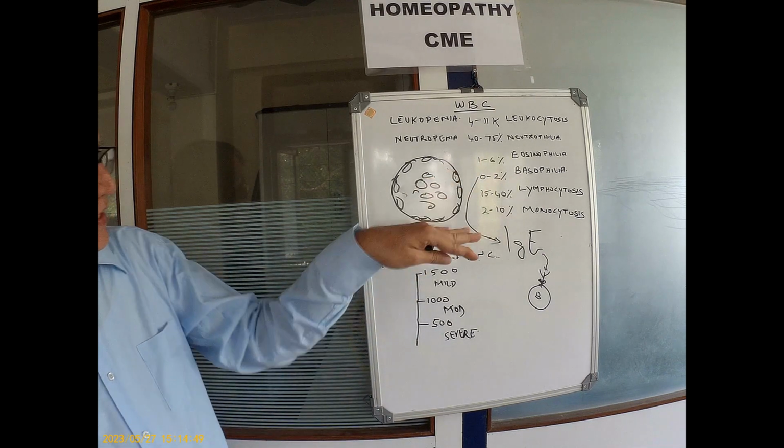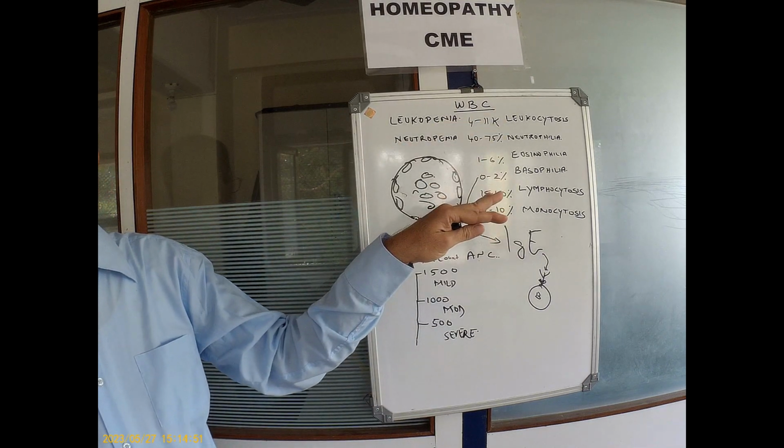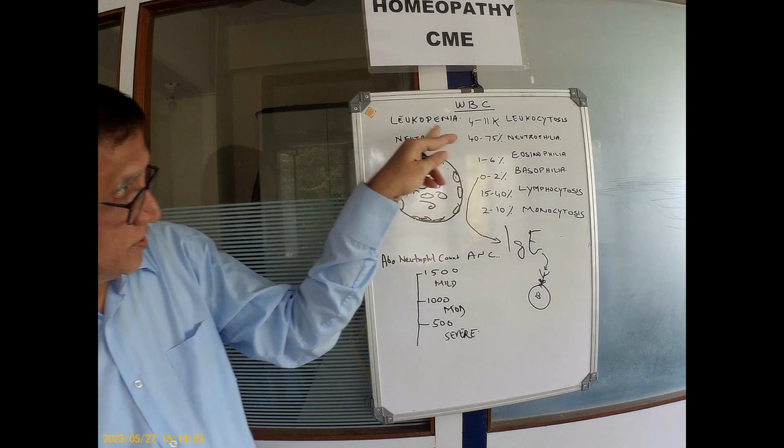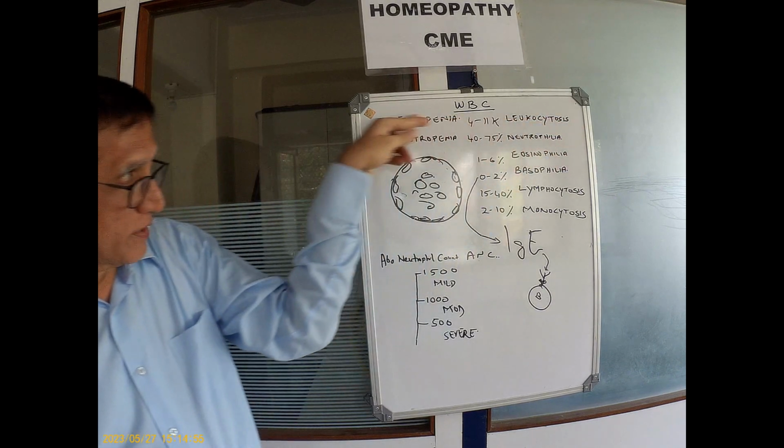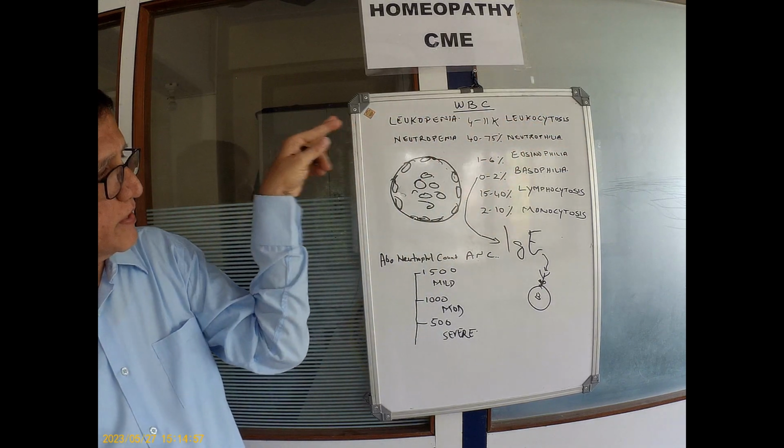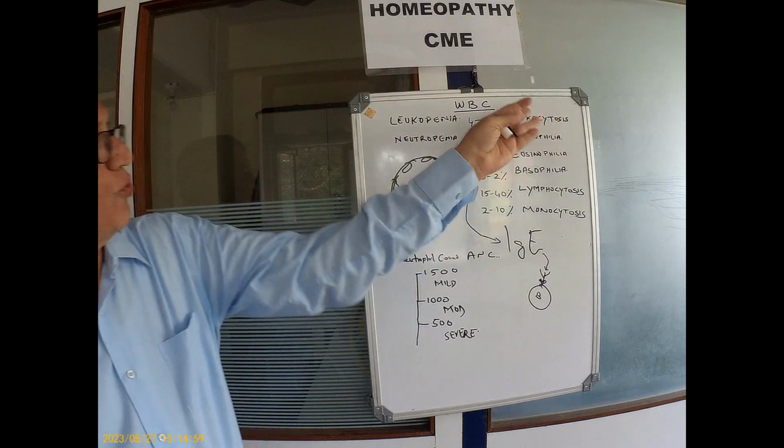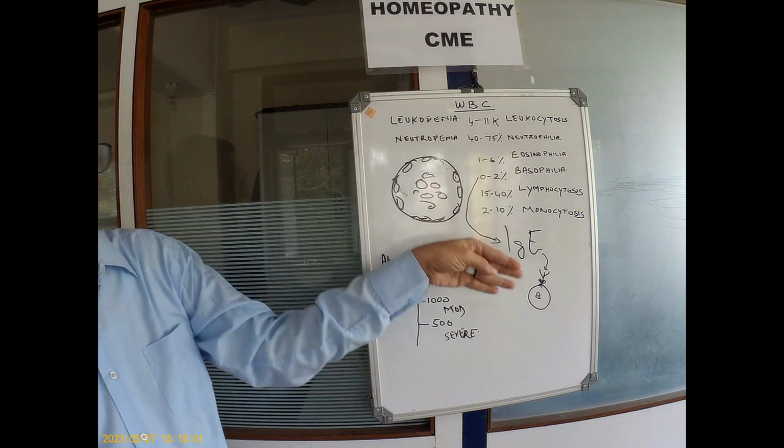Now that we have got an idea of all this, we now go into this topic, where we will be able to understand what is happening in leukocytosis and leukopenia, because we know this now.